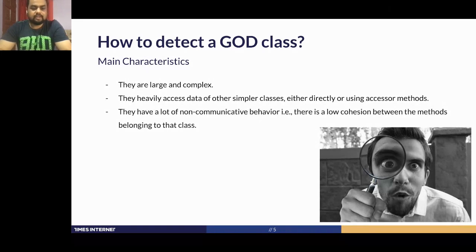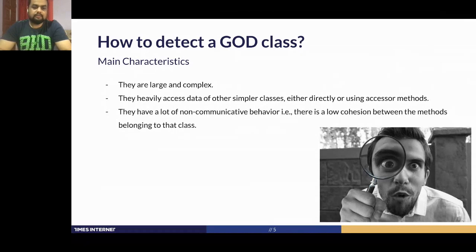Generally, they are very large and complex, and they heavily access data of other simple classes, either directly or using some accessor methods. They have a lot of non-communicative behavior. That is, there is low cohesion between the methods belonging to that class. So these are some of the bare minimum characteristics that you can find whenever you encounter a God class.